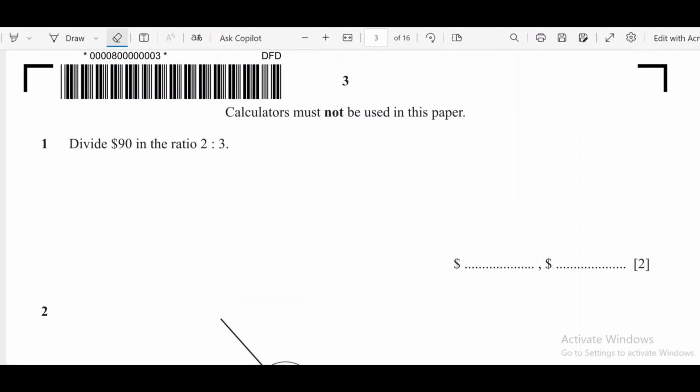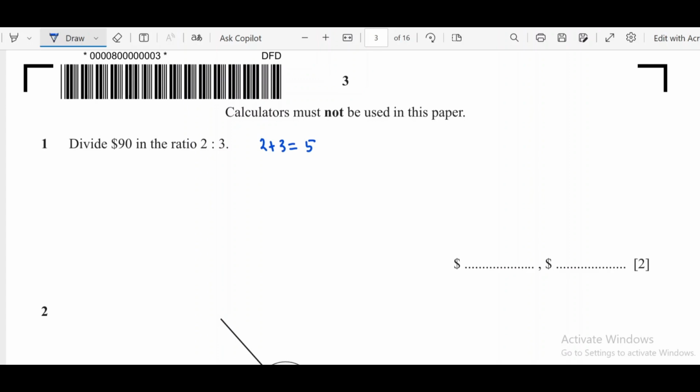For question number 1, look at the instruction. It says calculators must not be used in this paper. So question number 1, we are asked to divide 90 in ratio 2 to 3. So what do we do? The first thing is to find the sum of this ratio, that is add 2 and 3 together, and that gives us 5.